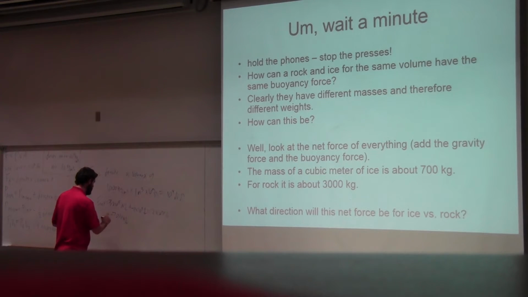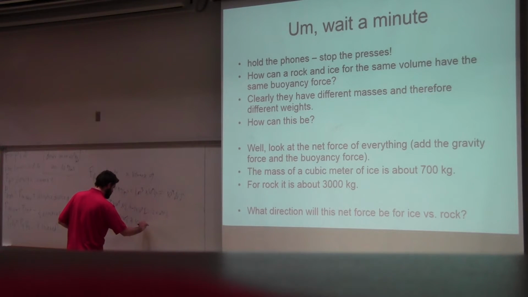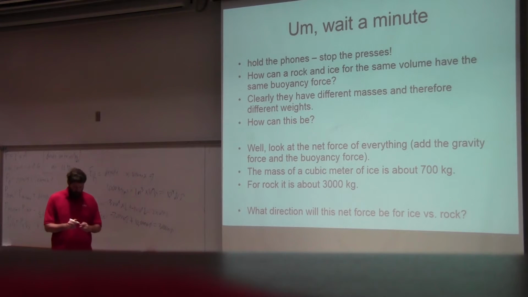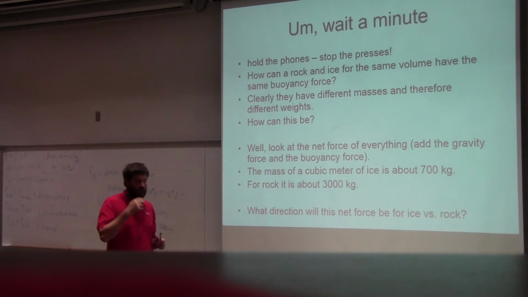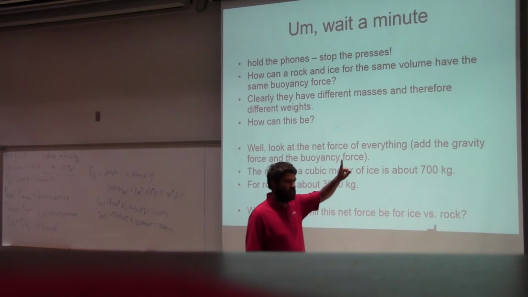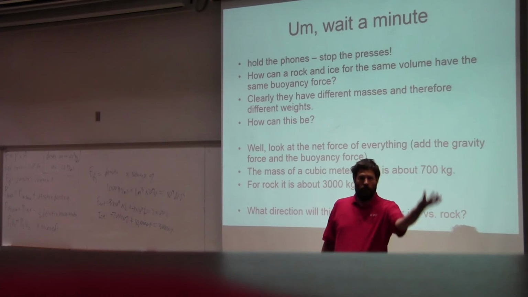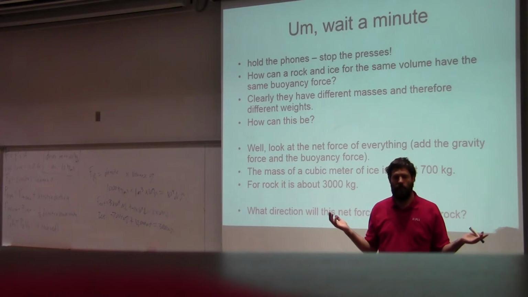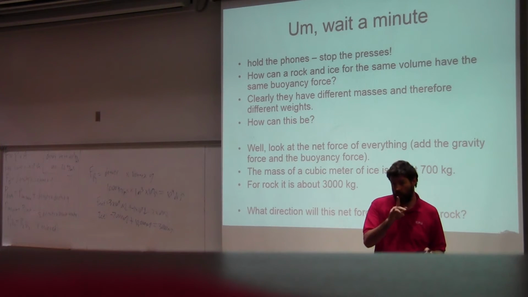I'm going to convert this to a minus up for the ice, plus 10,000 newtons up from the buoyancy, and my net force is 3,000 newtons upwards. So the ice is going to want to rise. So the ice has a net force that's upwards, the rock has a net force that's downwards. That's why the ice floats and the rock sinks. They both have, however, the same buoyancy force, as long as they're completely submerged.